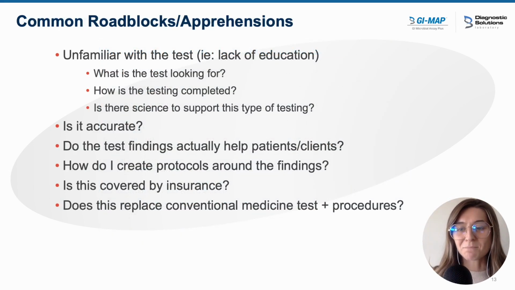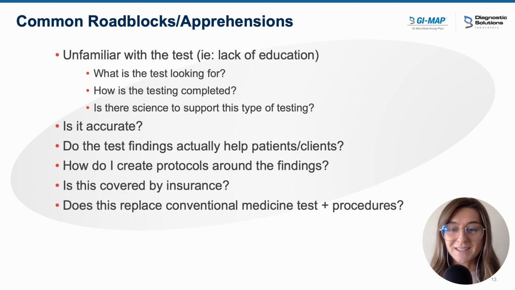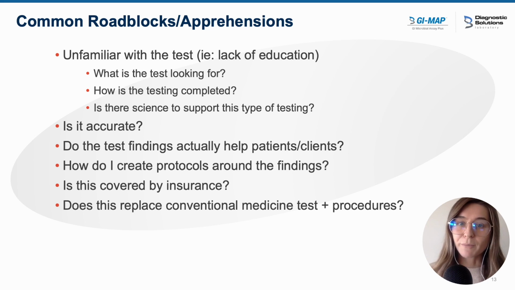Despite the GI map being an exceptional test, many conventional practitioners express reservation, and I want to discuss those common roadblocks or apprehensions and why this is the case. In my opinion, the primary obstacle faced by practitioners is just that they're unfamiliar with the test. Both patients requesting the test and practitioners unfamiliar with it often pose questions such as, what is it specifically searching for?